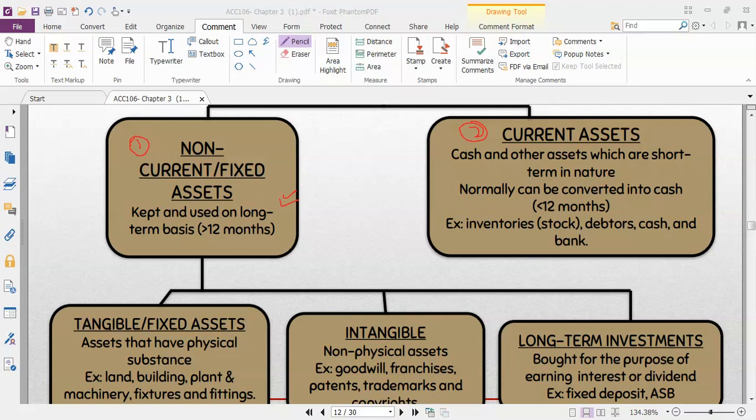Ramai lagi ni tak datang ni. Okay, Zul Afiq. Can you hear me? I want to ask you to read the sentence in the box about non-current asset. Can you read? Okay.